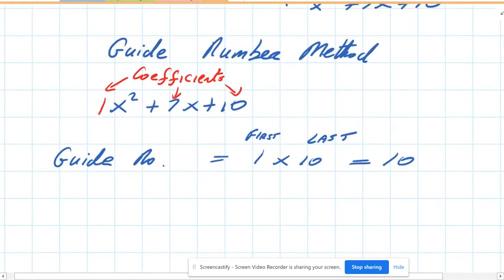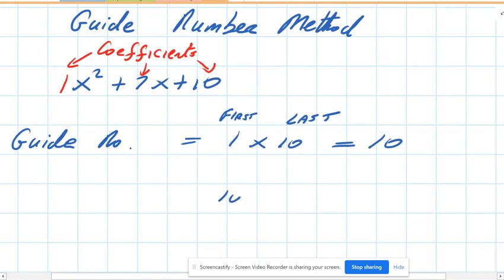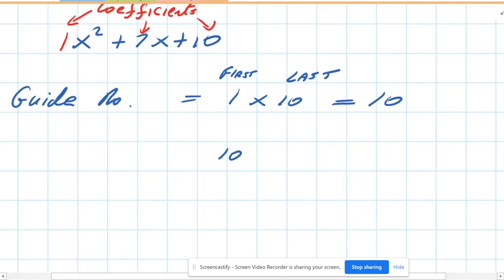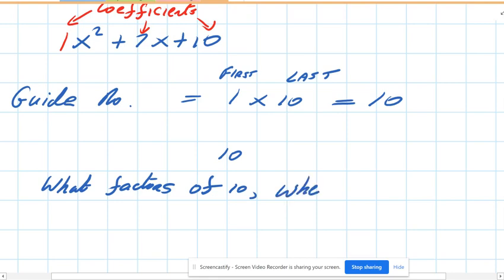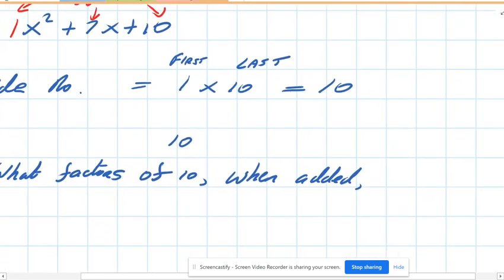Now what you do is you take a closer look at that number 10, and you try and find out what factors of that number 10, when you add them together, give you the number in the middle. So what factors of 10, when added, give you the middle number?